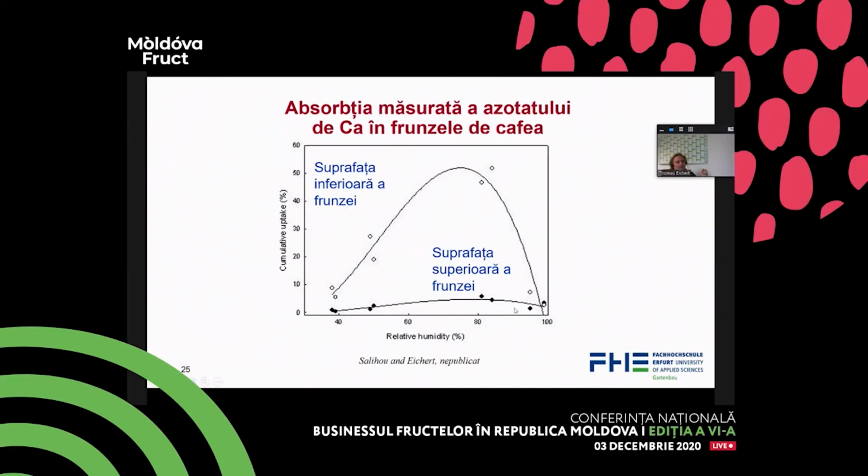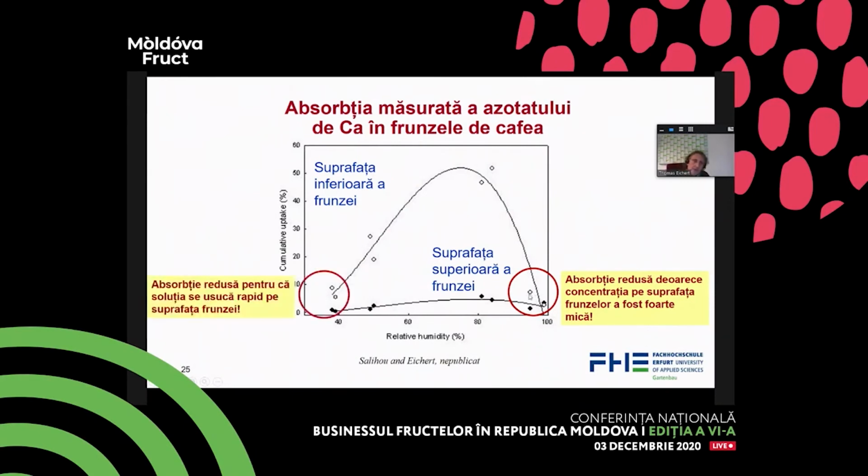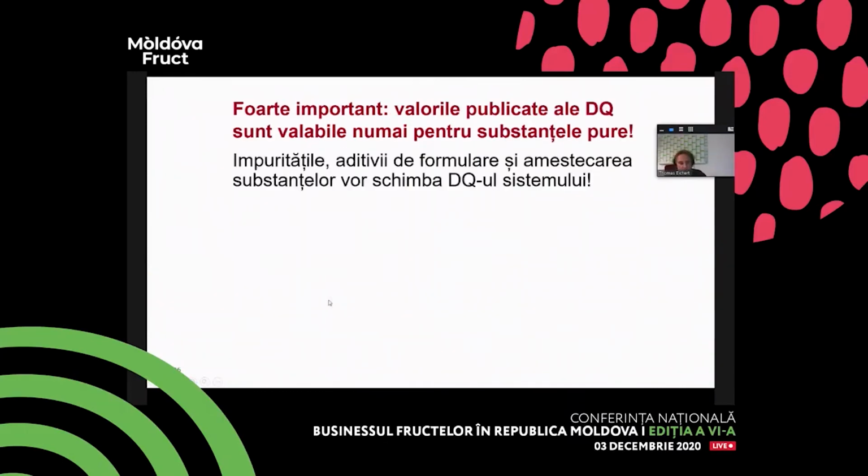And what we found in both cases is that we had maximum penetration rates at intermediate humidity. If humidity was too high, uptake was quite low because the concentration on the leaf surface was too low. And if humidity was too low, we also had low uptake rates because the solutions dried out on the leaf surface.